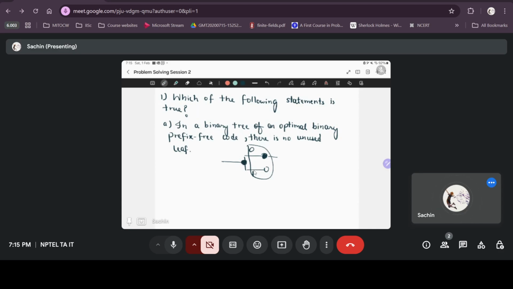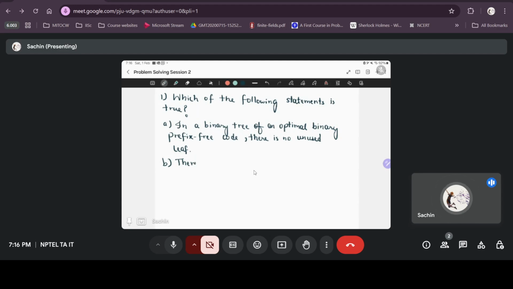That would reduce the code word length for that particular code by one bit, which would mean that your original code was actually not optimal. So it is a true statement.